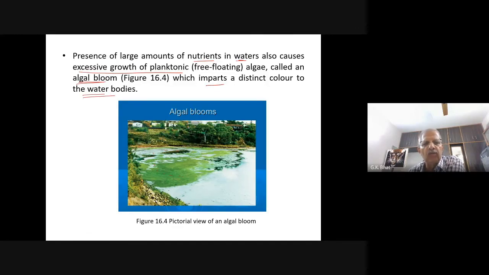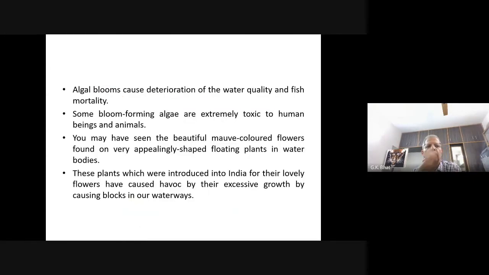Most of the time during summer season, in the small lakes, ponds, etc., the water becomes more and more greenish in color. It is due to the excessive growth of planktonic free floating algae, which imparts a distinct color to the water bodies. Algal blooms cause a deterioration of water quality and fish mortality.